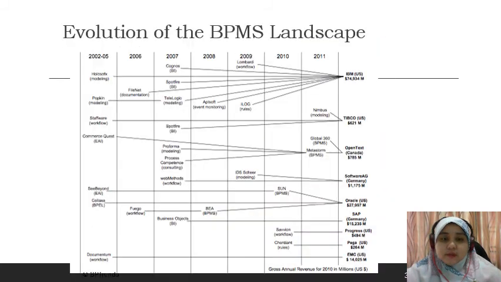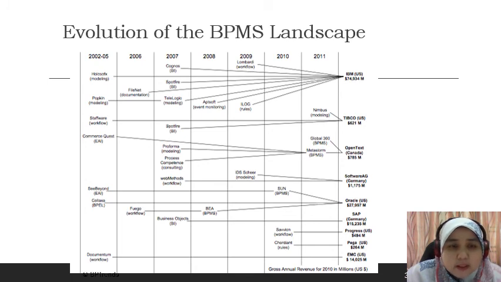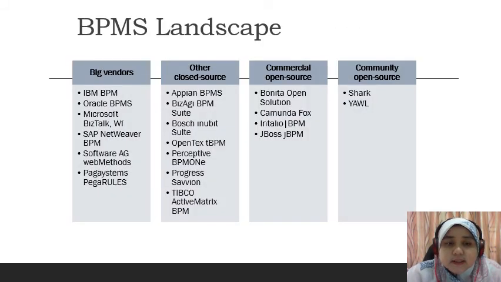Ini contoh visuals. Yang ini adalah evolutions of BPMS tool. Daripada IBM, BPMS dia bermula daripada 2002, data daripada 2002 sampai 2011. Saya skip lah. So ini adalah contoh BPMN landscape yang mana big vendors adalah datang daripada IBM, Microsoft, SAP.